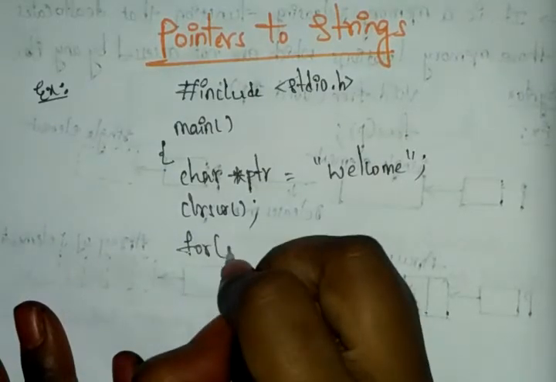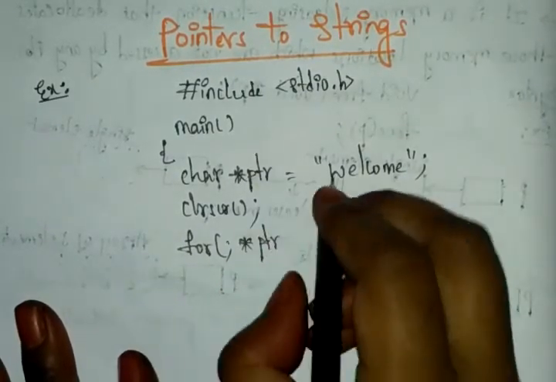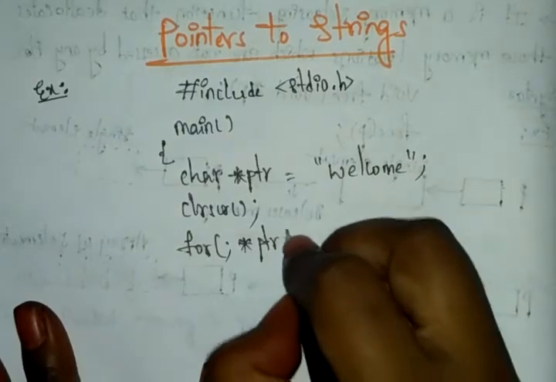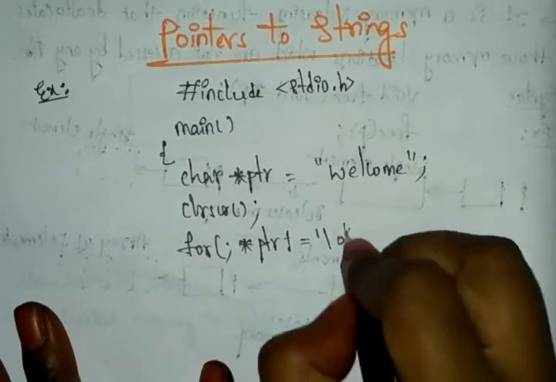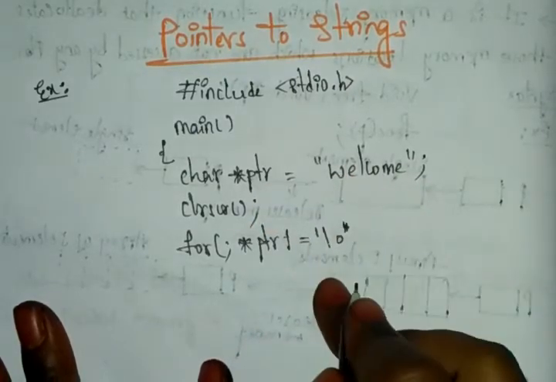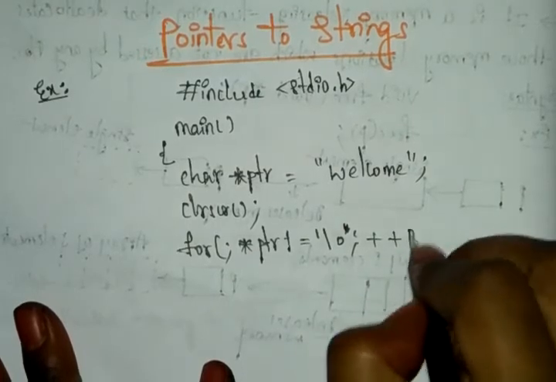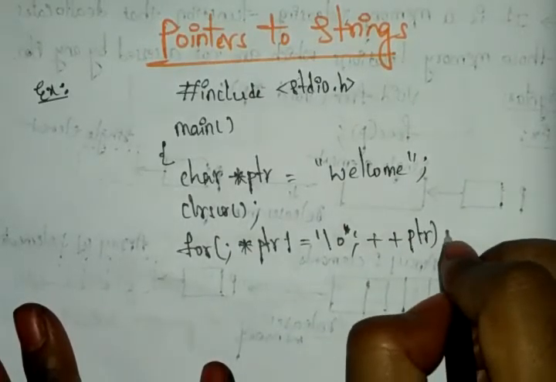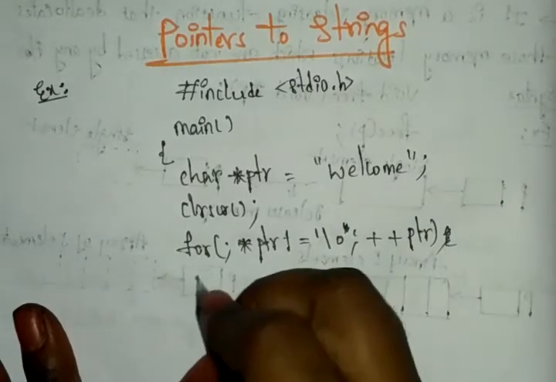For the pointer, here we have the pointer, right? For that I am defining the pointer. Whatever value you have in the pointer, you can define here and add it.